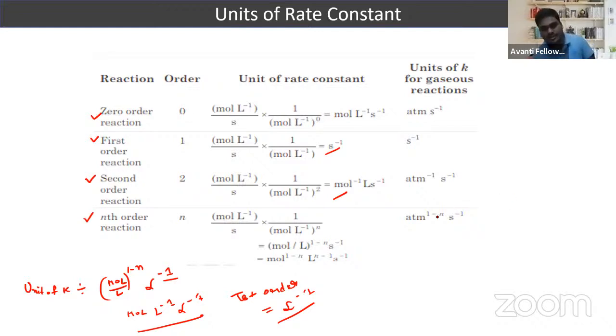This formula is used for the nth order. For the zero order, it becomes atm per second. For the first order, it becomes only second inverse. For the second order, it becomes 1 minus 2, that is atm inverse second inverse. This is how we can write the form.